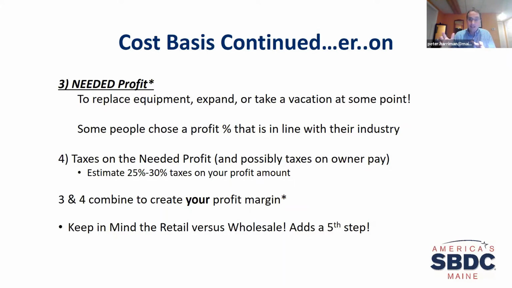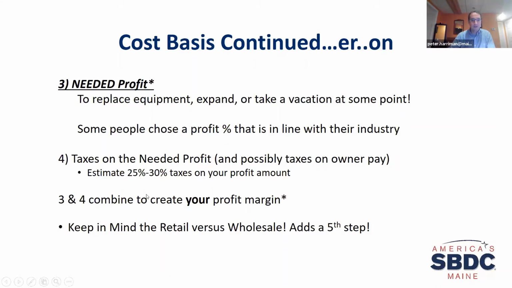Factor that into your pricing. I had one business who said, yeah, we made $40,000. And then a couple of weeks later, yeah, we made $30,000, because the taxes got taken out of it, right? So put that into your consideration for pricing. You're going to have to pay taxes on the profit, so only the profit, not the sales number, but the profit number.